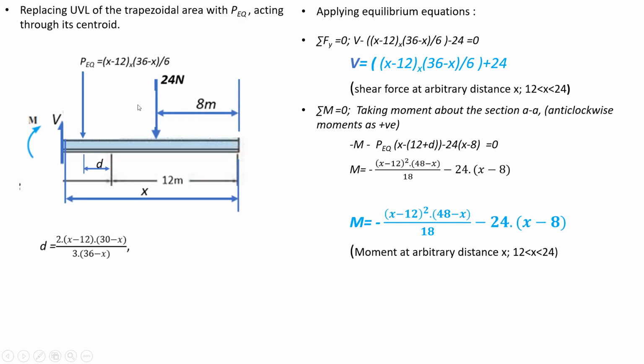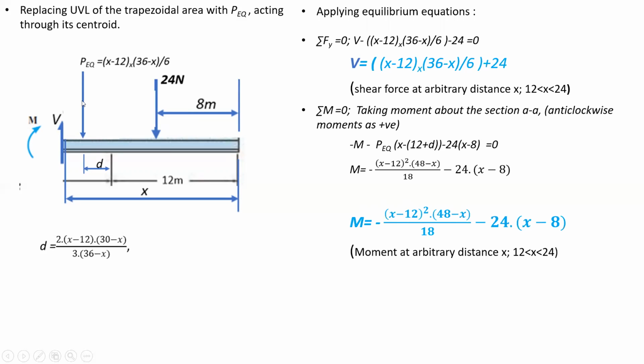Similarly, applying sigma M is equal to 0, we notice that the unknown moment M at an arbitrary distance x and the moment generated by P and the moment generated by 24 Newton have to be calculated. So it can be seen here: minus M as it is clockwise, minus P equivalent into the distance of P equivalent from the arbitrary section at arbitrary distance x, which will be equal to x minus D plus 12.